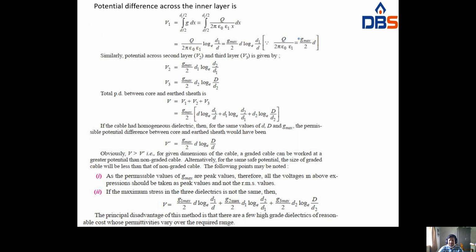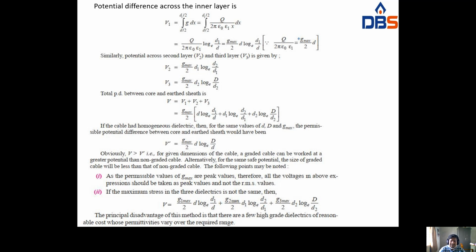Now we are getting the potential difference across the inner layer. As usual, V1 is equal to integral from d by 2 to d1 by 2 of g dx. We know the potential gradient g is q by 2 pi epsilon naught epsilon r x. By integrating with inner and outer limits, we are getting q by 2 pi epsilon naught epsilon 1 log d1 by d.